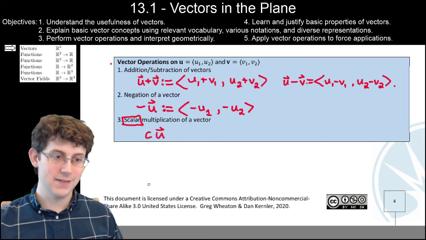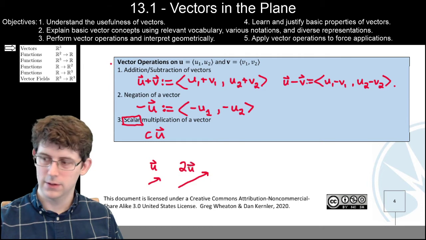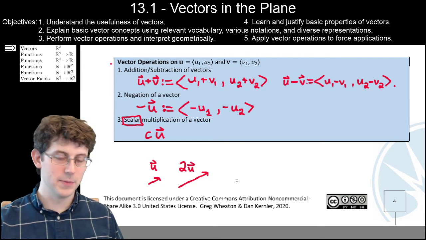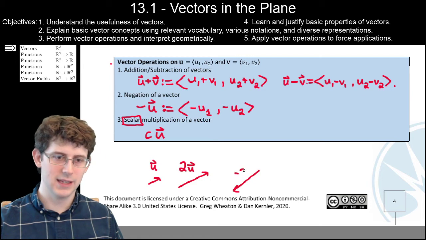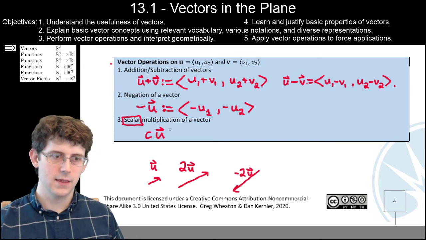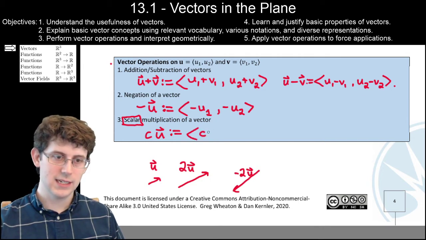So if you multiply a vector by 2, it keeps the direction and is twice as big. So here's u and 2u. If you multiplied it by minus 2, it would make it twice as large and flip it in the other direction. And if you want to multiply a vector by the scalar c, you go into the components and multiply each component by c.